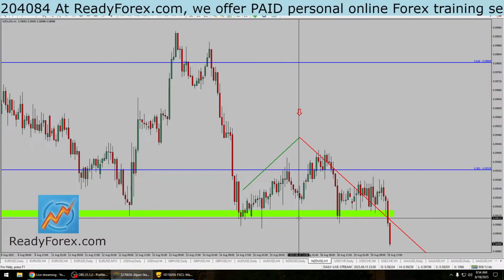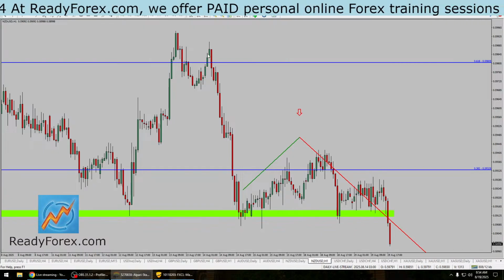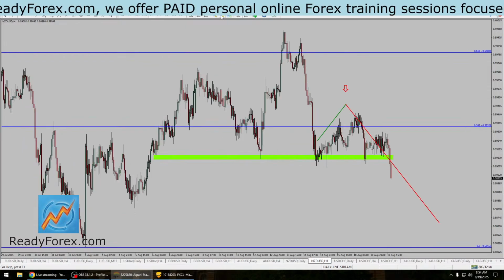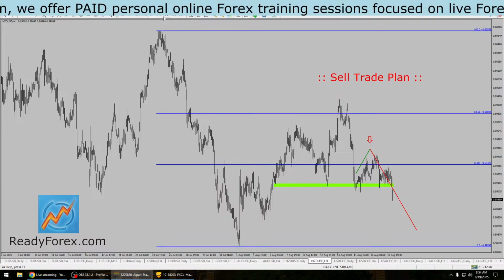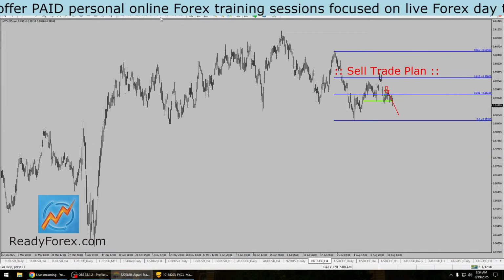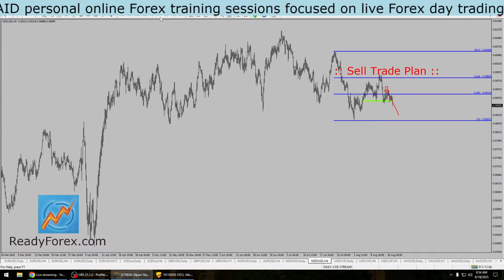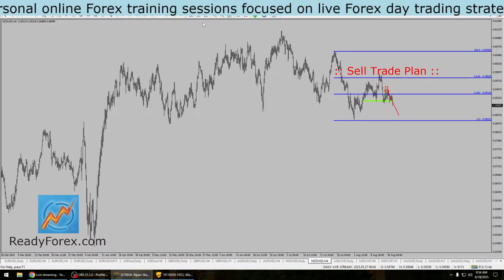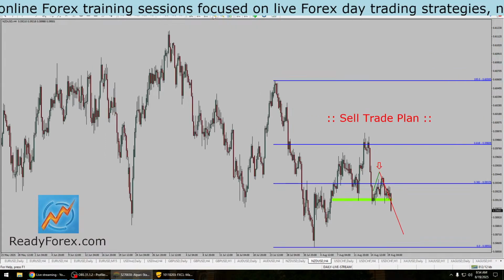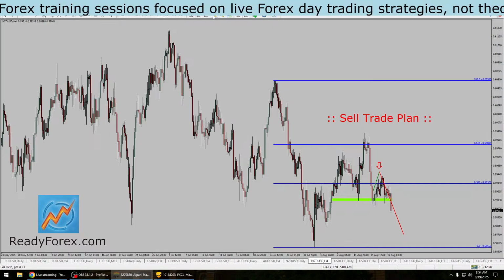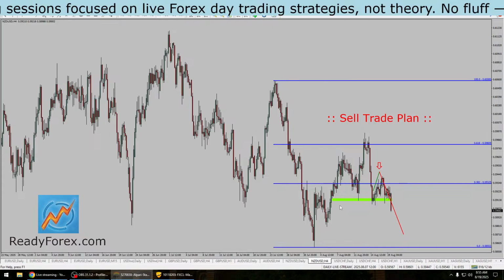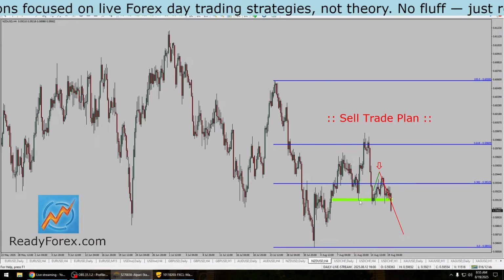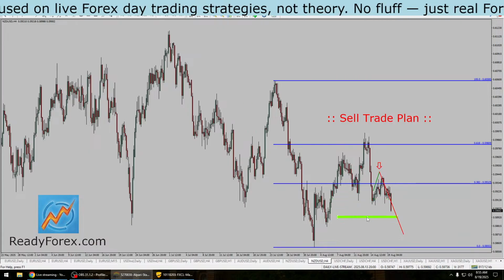Okay, took out the support. This looks interesting. And let's go over to a 4-hour time frame as well. Okay, the next support that is present inside the NZDUSD currency pair is down over here.